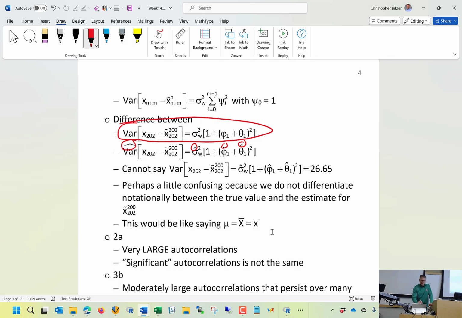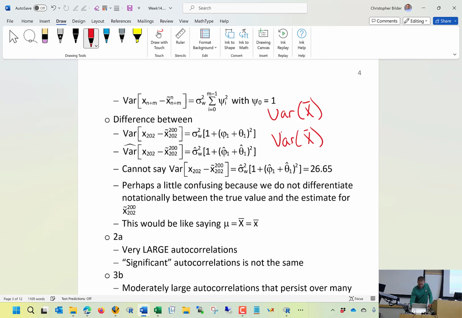And I bring this up because I was a student once, and I know it can be somewhat difficult sometimes to fully get all the notation and stuff like this. But let's relate it to something else that you've seen. So in another class, you talk about the variance of x bar.